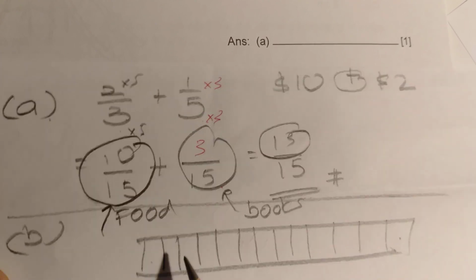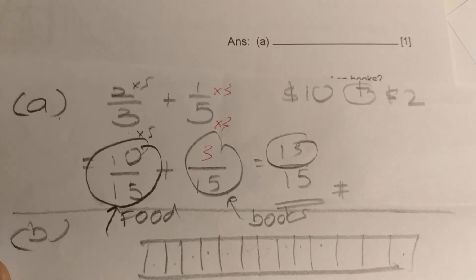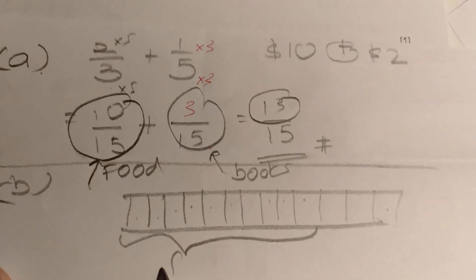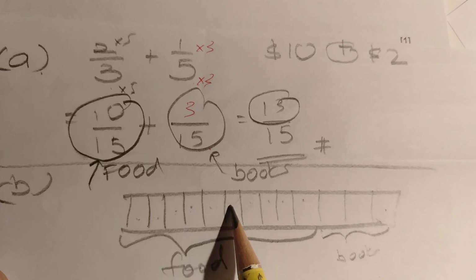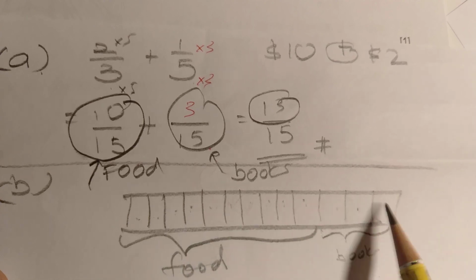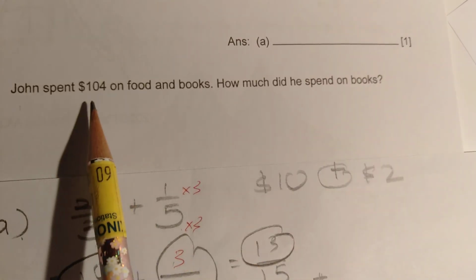So 1, 2, 3, 4, 5, 6, 7, 8, 9, 10. This part was on food, and this part was on books. 1, 2, 3. See? And now we know that he spent $104 on food and books.